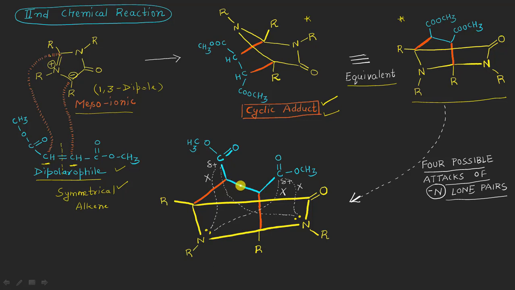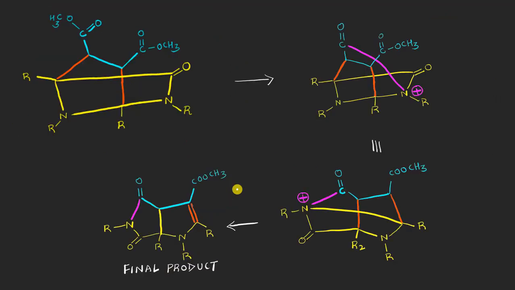So from both the directions, I mean even from this direction here, 1, 2, 3, 4 and 5, as well as from here, 1, 2, 3, 4 and 5 here, okay? So this means the attack of the nitrogen lone pair will be taking place like this here, okay? So now let us continue with this reaction.